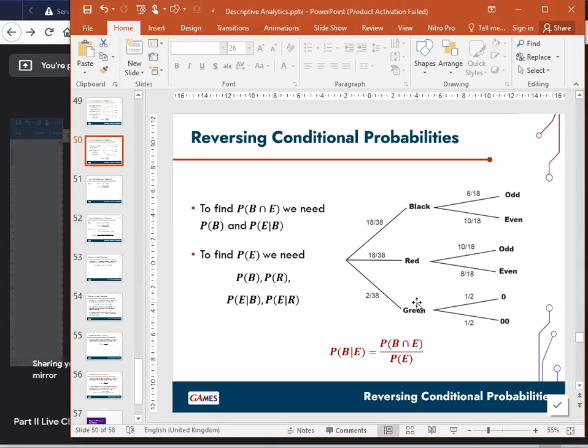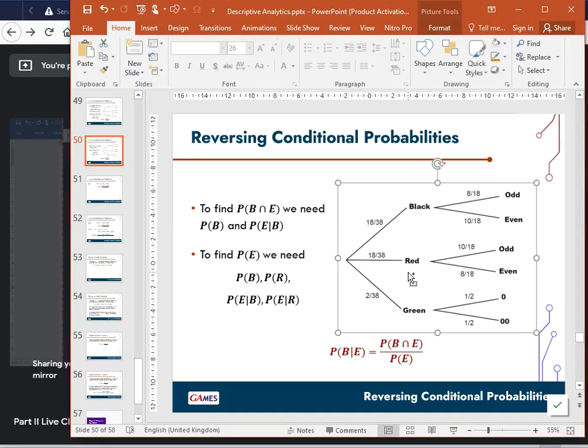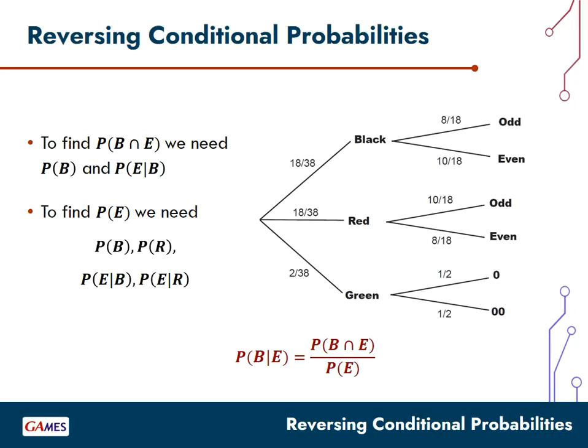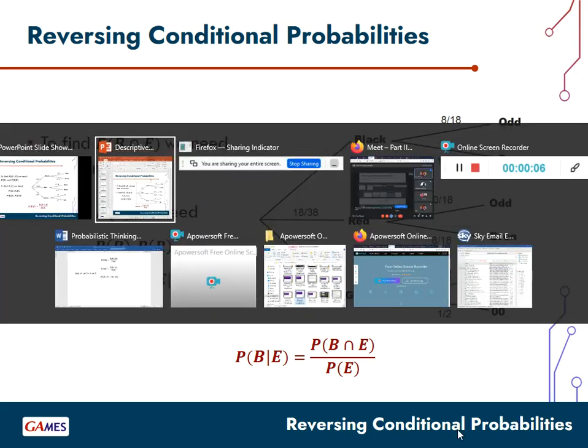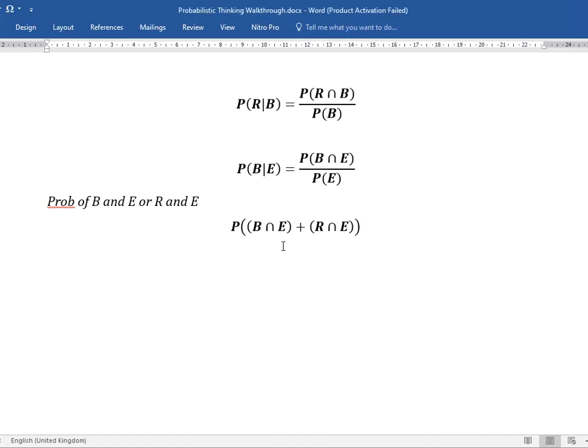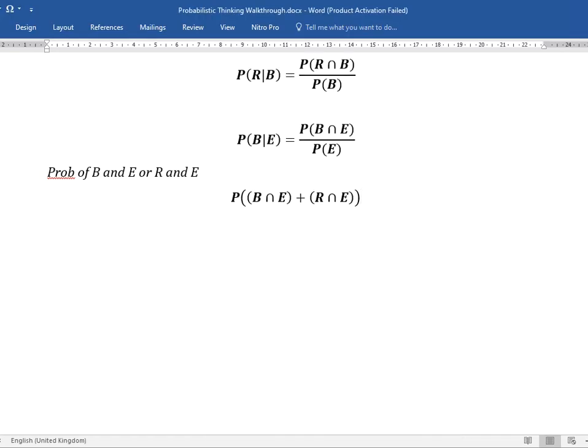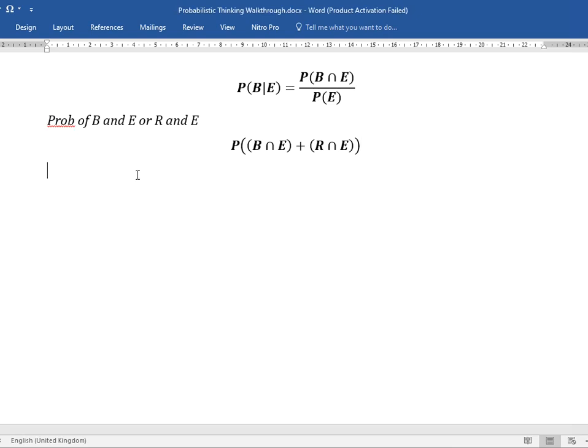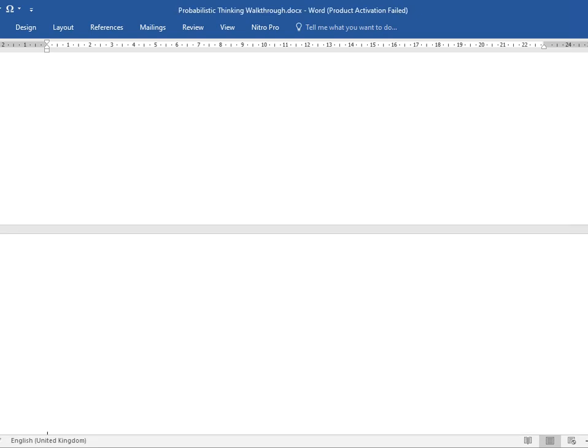I'll start first by copying this figure and pasting it in Word so that it would assist us in our calculations. So I'm just going to paste it here.